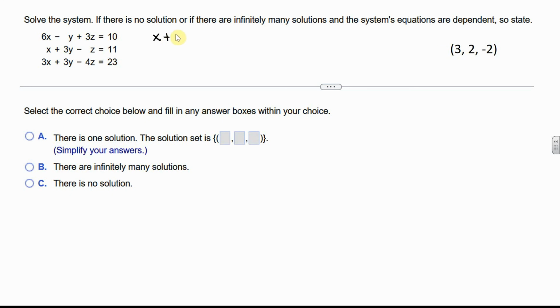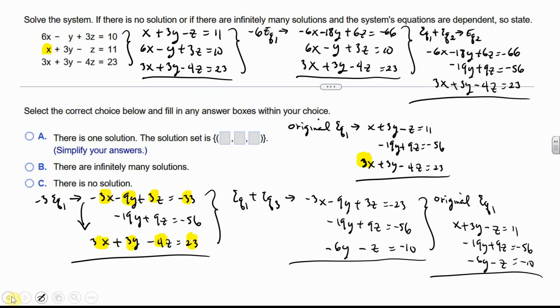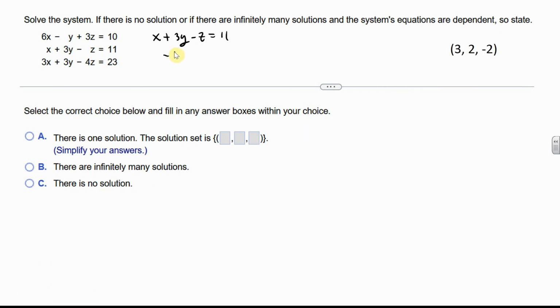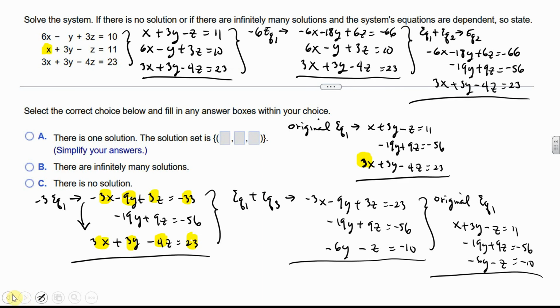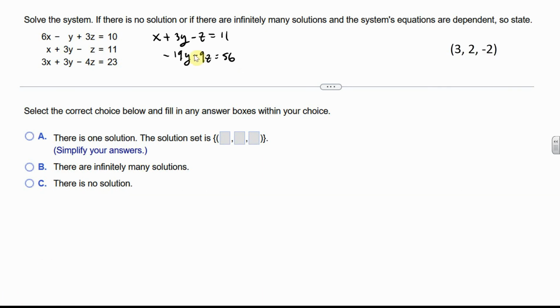So x plus 3y minus z is equal to 11, and negative 19y plus 9z is equal to negative 56. And then we're saying 9 times equation 3.